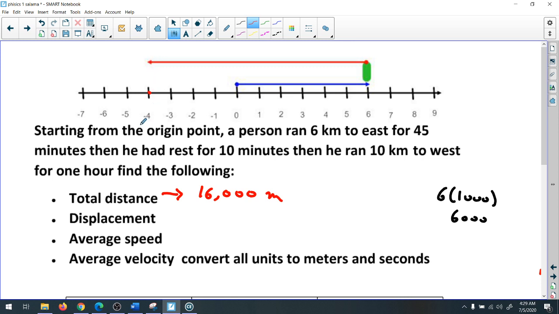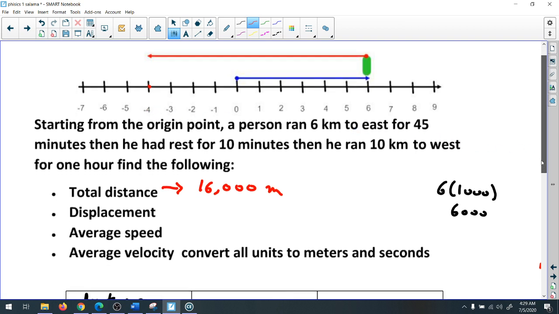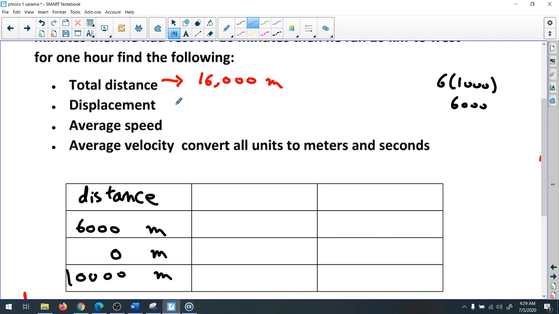So it's 4 kilometers to the west, which is 4,000 meters. So it will be negative 4,000 meters, or you could say 4,000 meters to the west.